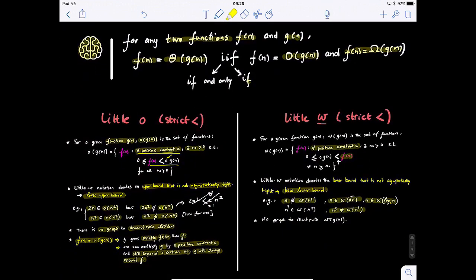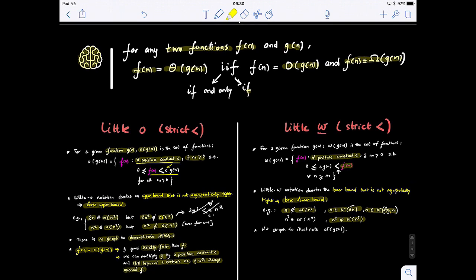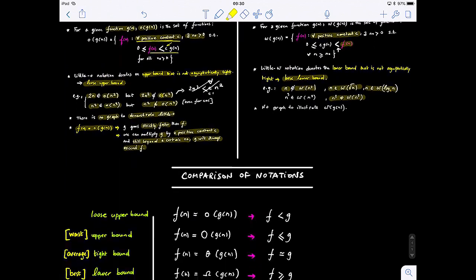Now, you know how to find or estimate the best, average and worst complexity of an algorithm if we have the exact expression of t of n, which in our case is f of n, the time steps of an algorithm.